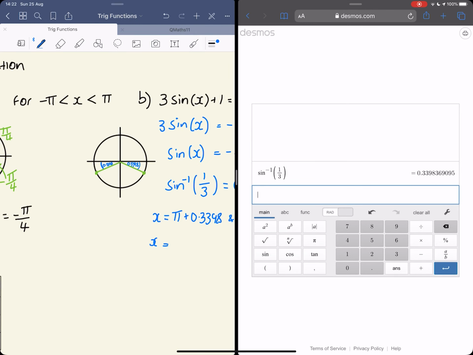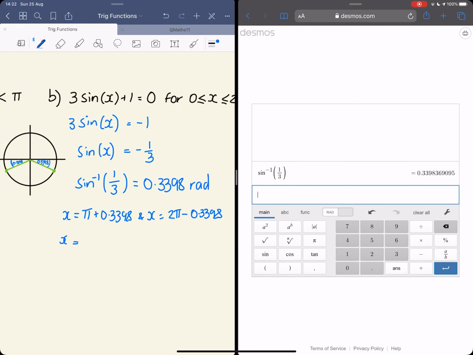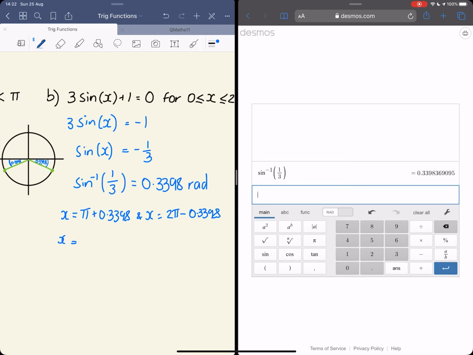Here we go. I've got the answer sitting there for us to use. So let's go ahead and do pi. Oh, by the way, it's really important to recognize that we're in radians. Can you see on Desmos here, I'm flipping through radians and degrees. We need to be on radians because we're working in radians. Even on your scientific calculator, you press shift mode and then click the number relevant for radians.